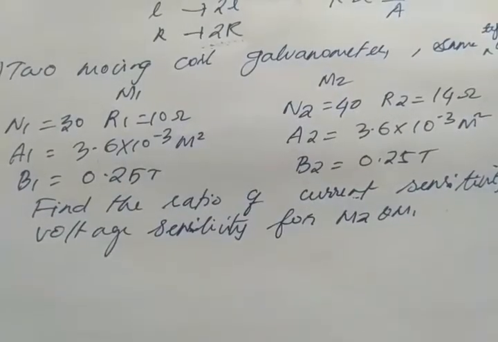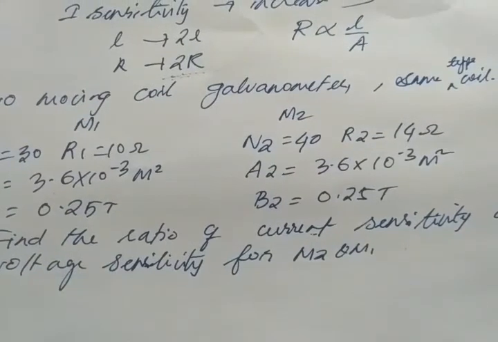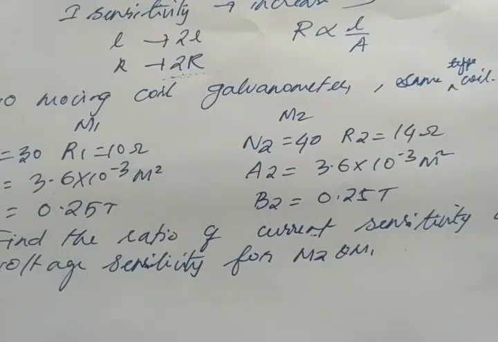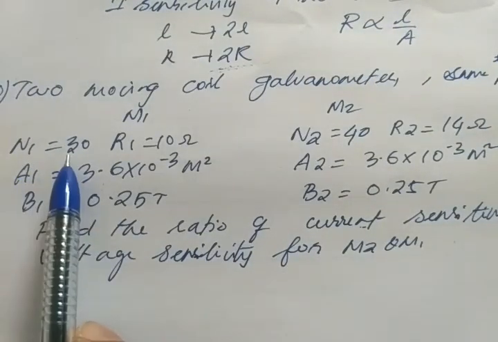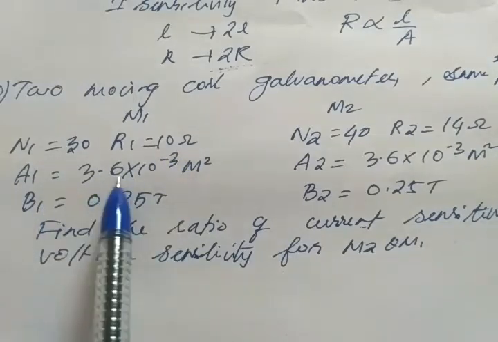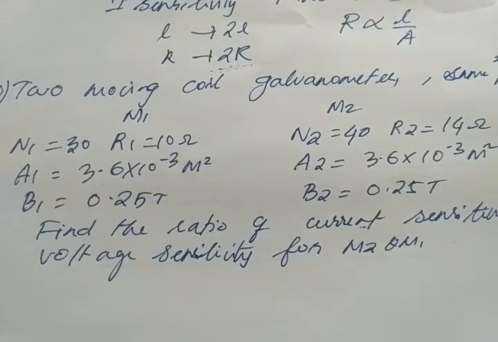Here we have a simple problem. Two moving coil galvanometers of the same type of coil. The coil is made of the same material. Same material means the torsional constant will be the same. The first coil has number of turns 30, resistance 10 ohm, area 3.6 into 10 power minus 3 meter square, and magnetic field 0.25 Tesla.